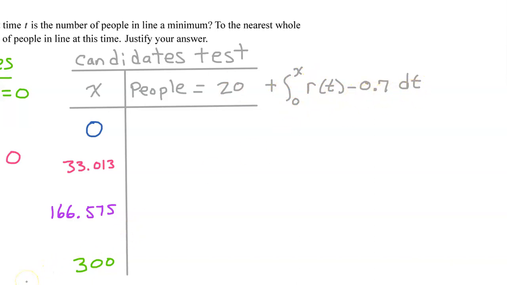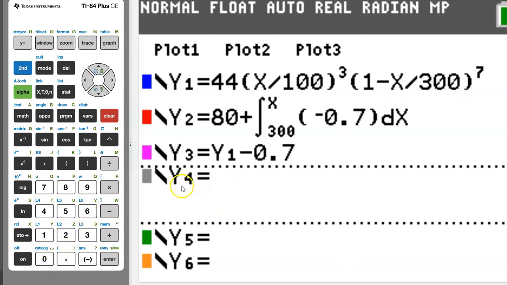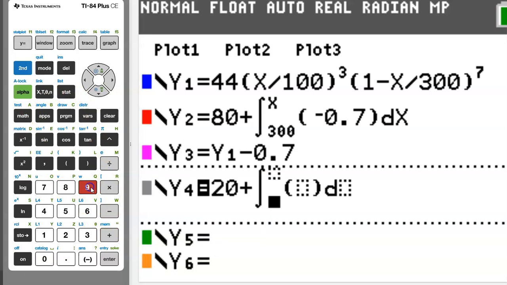Let's see how much of that I can remember. So on y4, I'm typing in 20 plus, and then the integral. So we hit math, 9. And we're going from 0 to x. So I will do 0 and then x for my limits of integration. And then in here, we need r of t, and that is y1.